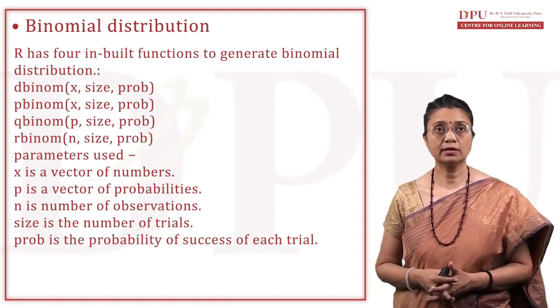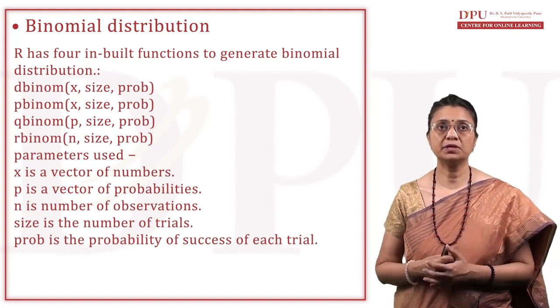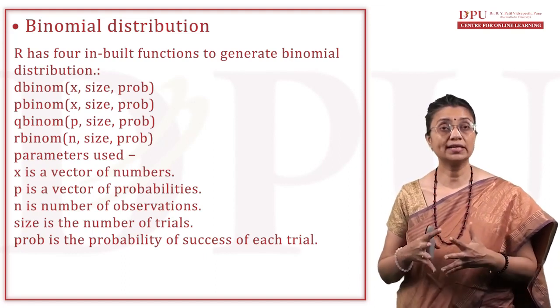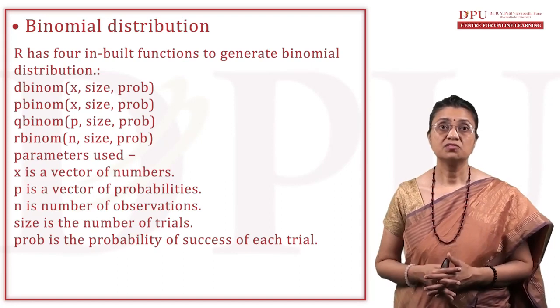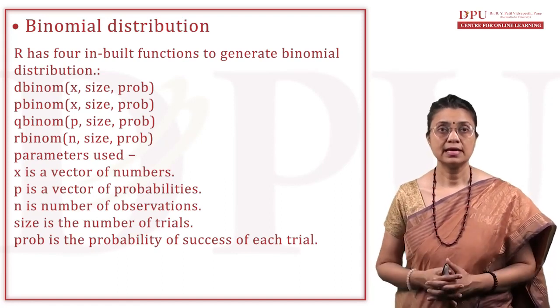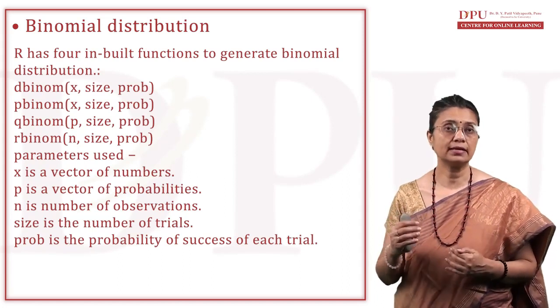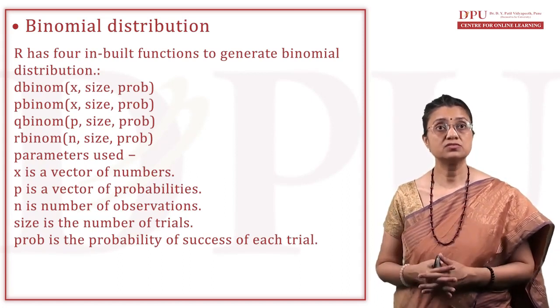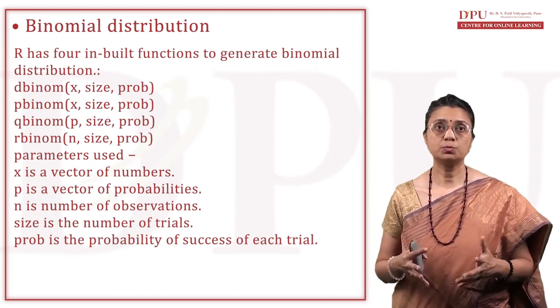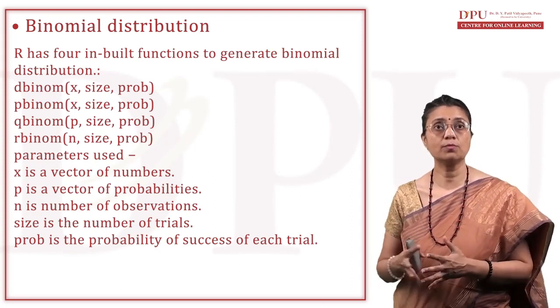You can see over here in the dbinom, the 3 parameters are x, which is the vector of numbers, size, which is the number of trials, and prob, which is the probability of success of each trial. Likewise, there is pbinom where x, size, and prob.